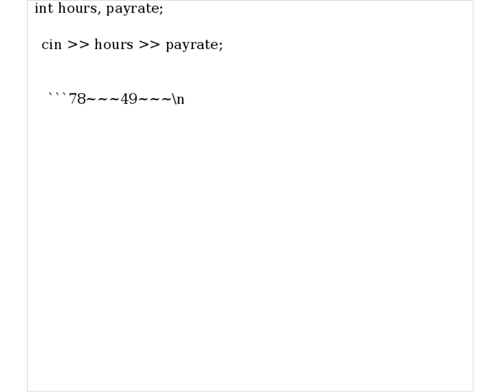Okay. However, and this is something that I don't talk on very much in lecture because of time, but you will need to read about it in the text. There are some other statements that we can use to get input besides the extraction operator, and they don't skip leading spaces. So you do have to be aware of what's going on here.